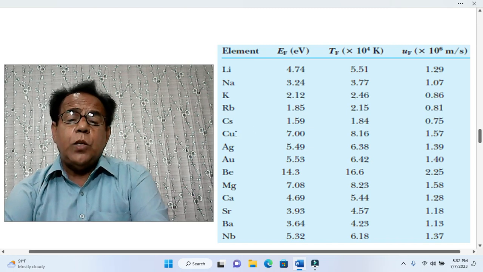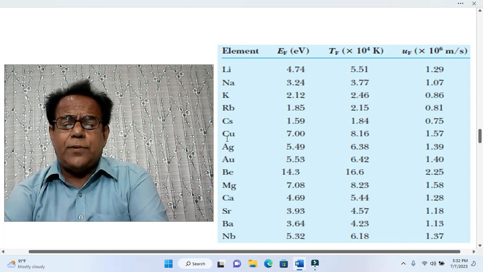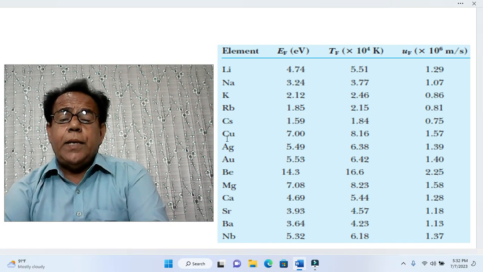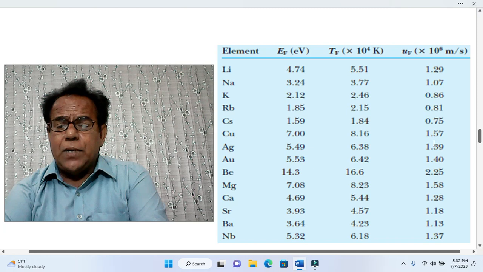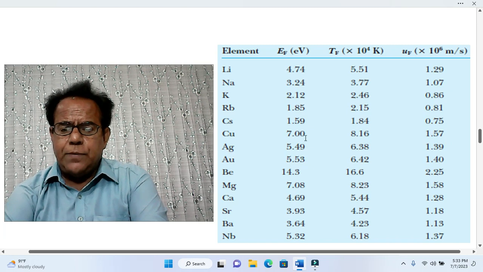This table is very important. From it we can take the Fermi velocity of copper, 1.57 into 10 raised to the power 6 meter per second, its Fermi energy, 7.00 electron volt, and its Fermi temperature, 8.16 into 10 raised to the power 4 Kelvin.